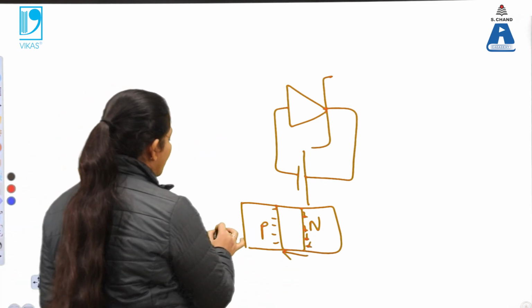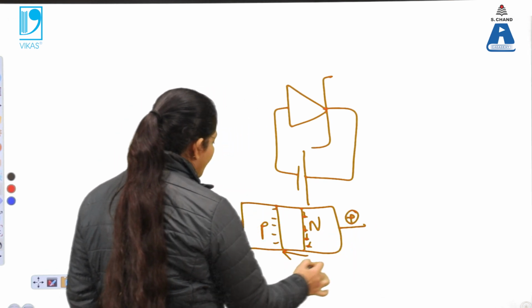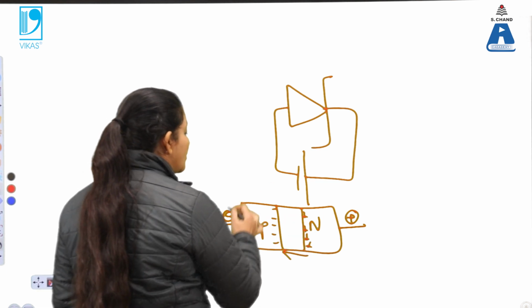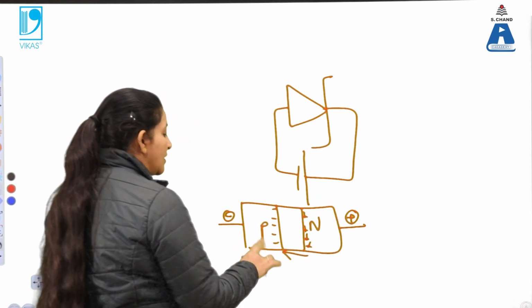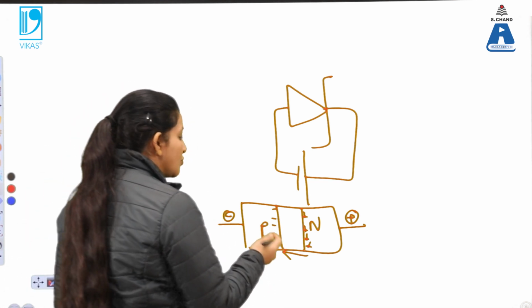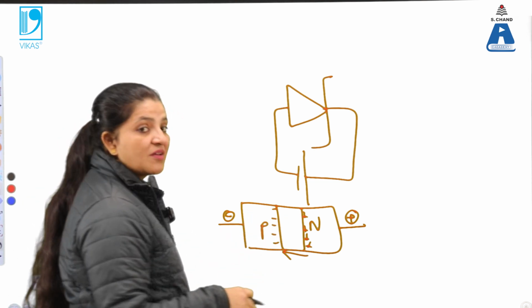Now the negative is applied over here and the positive is applied on this side. There is also a potential which exists over here. So due to the development of this electric field in the reverse direction, what will happen? The electrons, or the charge carriers, also start moving from their valence bands.